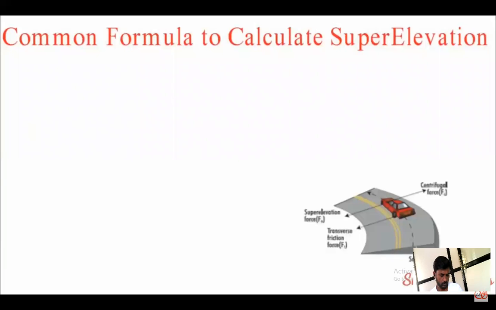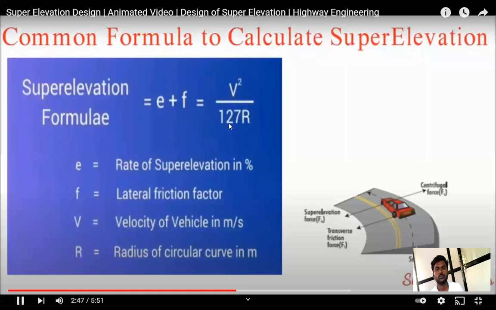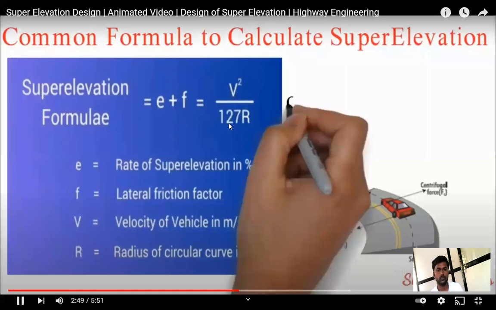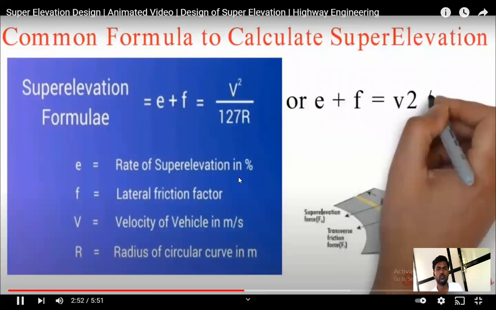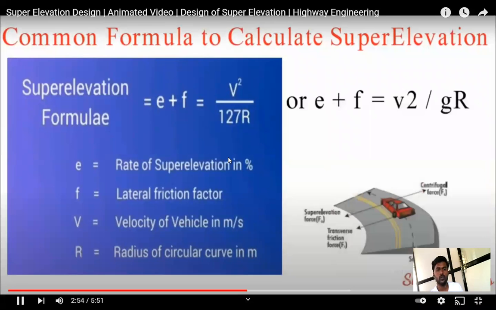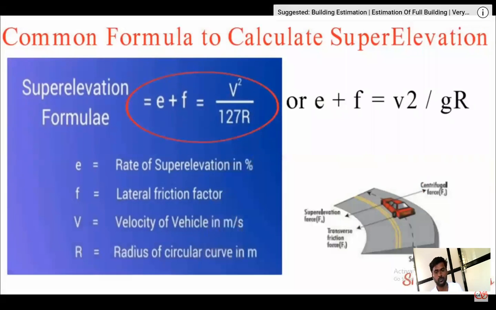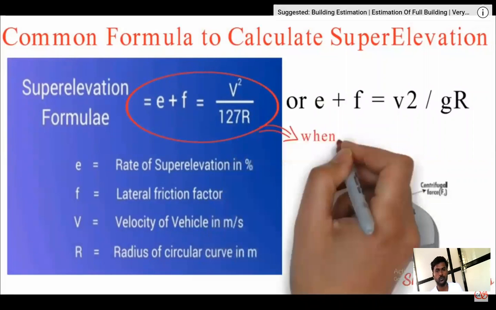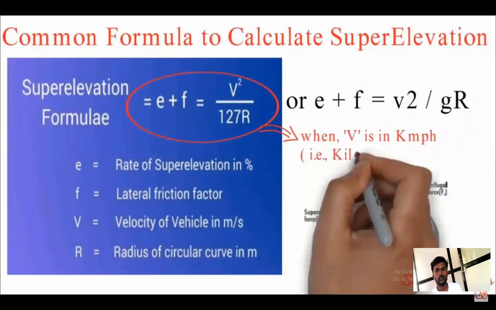Common formulas to calculate super elevation. There are totally two formulas. The first formula is E plus F is equal to V square upon 127 R. The second formula is E plus F is equal to V square upon G R. The first formula, E plus F equals V square upon 127 R, is used when velocity is in kmph, that is kilometer per hour.